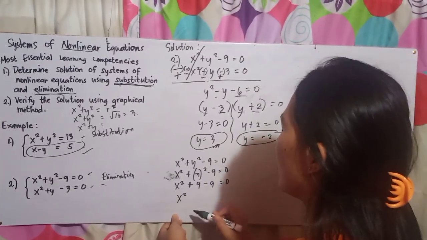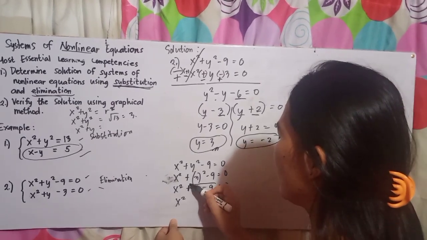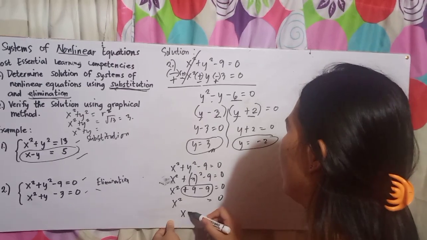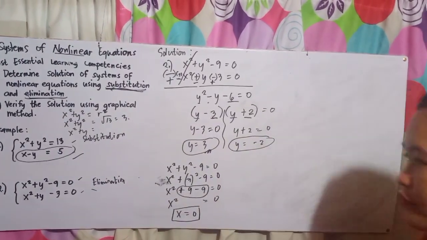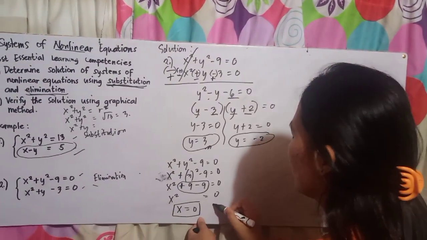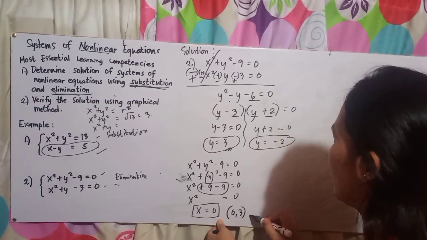So, x squared, ma-0 naman siya, equals 0. So, x equals 0. Okay, so ang isa, ang ordered pair is 0, 3.